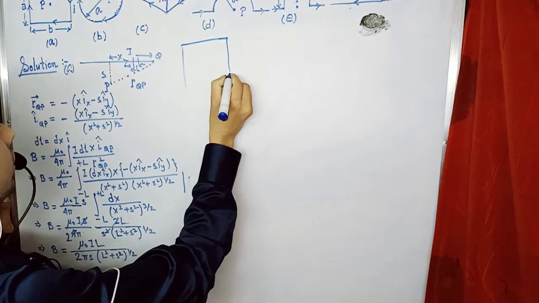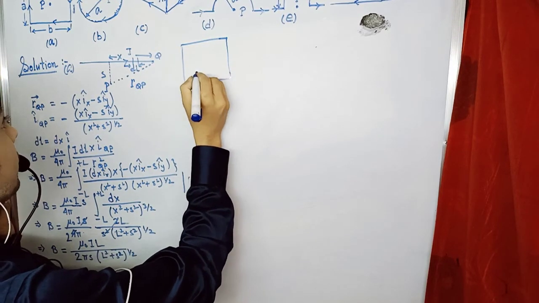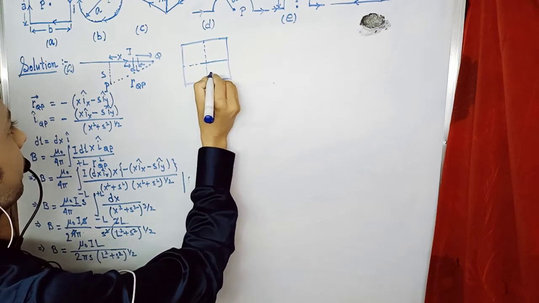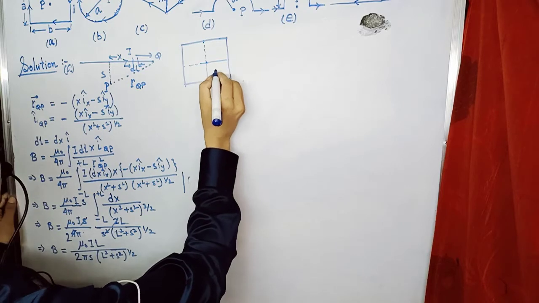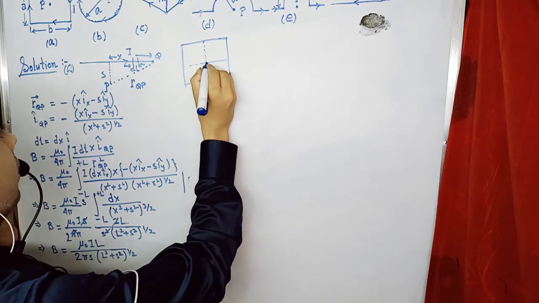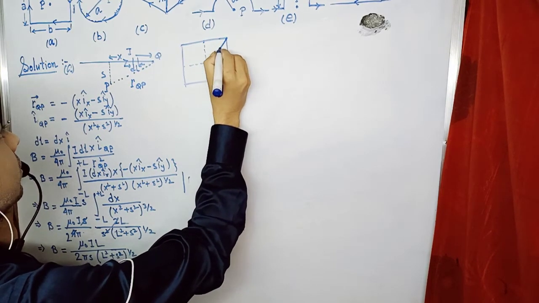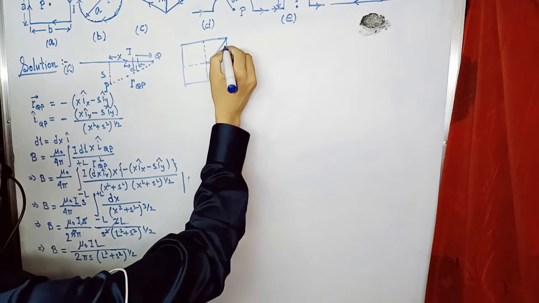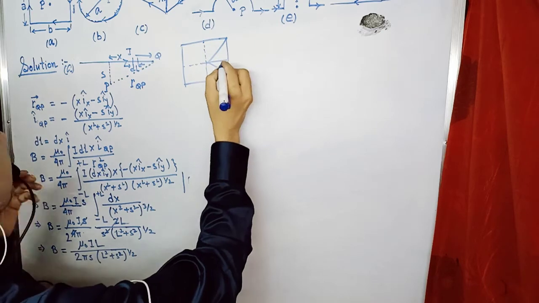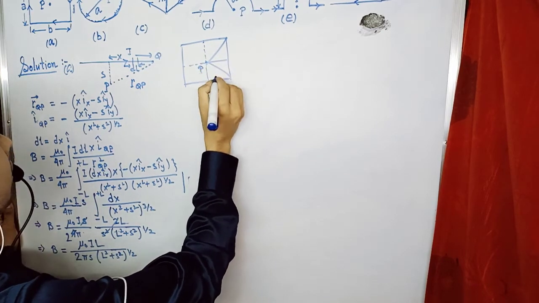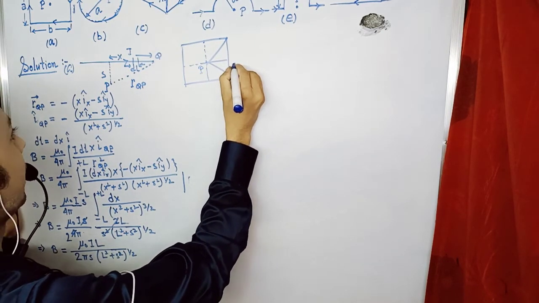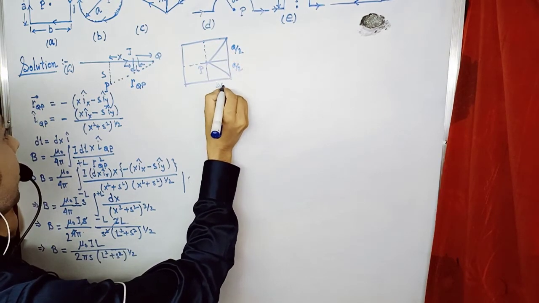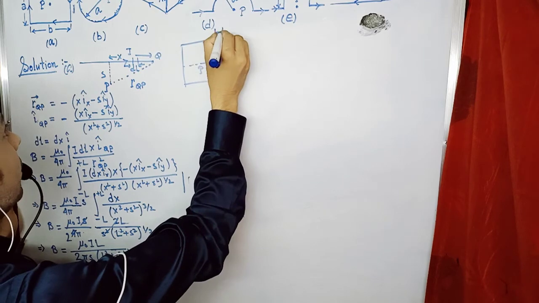This is the rectangular loop, and this is the center of the loop, and we'll consider the point here. This point is P, and its dimensions: this is a divided by 2, this is again a divided by 2, this is b divided by 2, this is again b divided by 2.